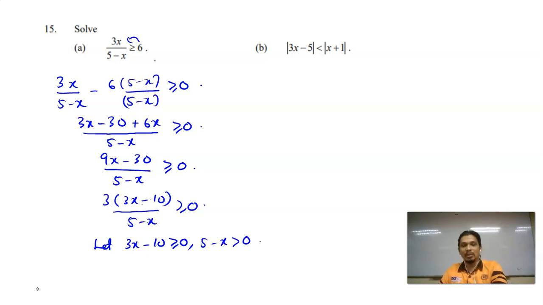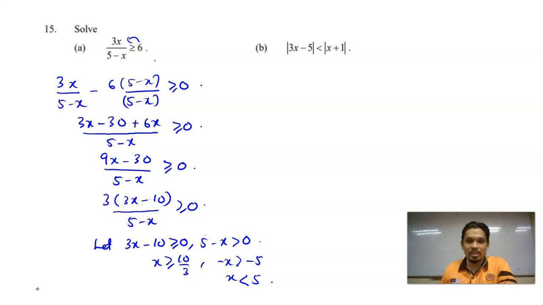Greater than 0 only. Okay, so then x greater than or equal to 10 over 3, negative will become positive, and this one here, negative x greater than negative 5, then x less than 5.